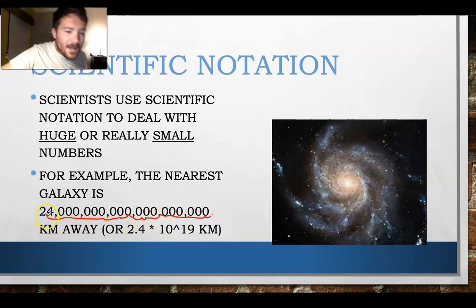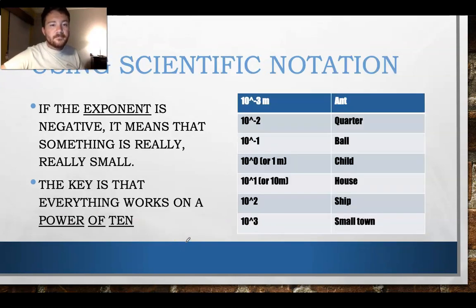That means there are 19 things after that 2. And because the number is really big, the exponent here is going to be positive. If the number was really small, the exponent would be negative. That's how scientific notation works.